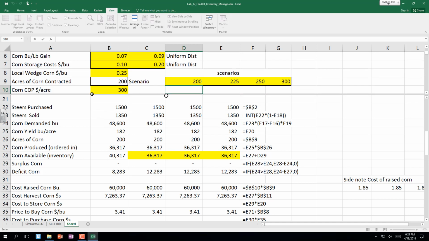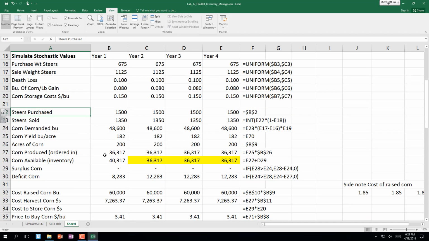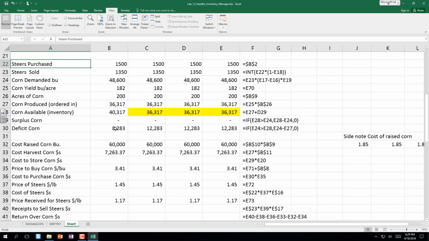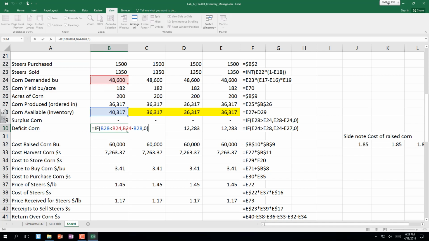I'm going to double click on this. Yes? For your deficit corn, you use the corn demanded minus your corn available. But the formula you have copy and pasted there is your corn demanded minus your corn produced. Okay, let's see. Corn deficit, well, you can write that formula either way. But let's see, is it right now?